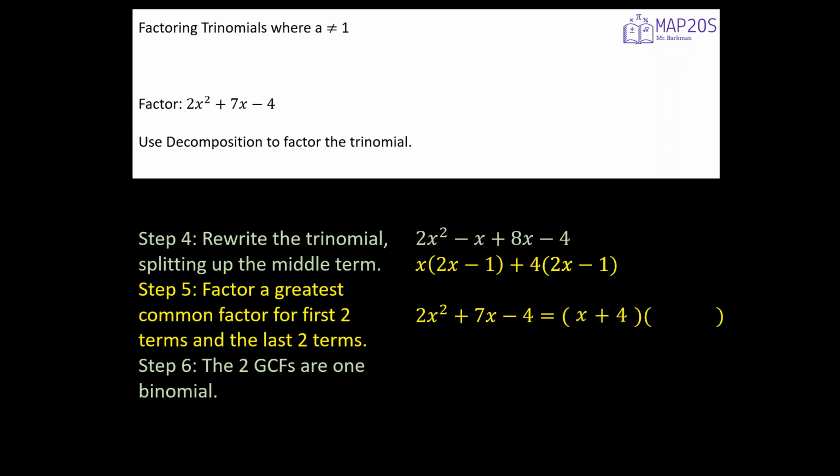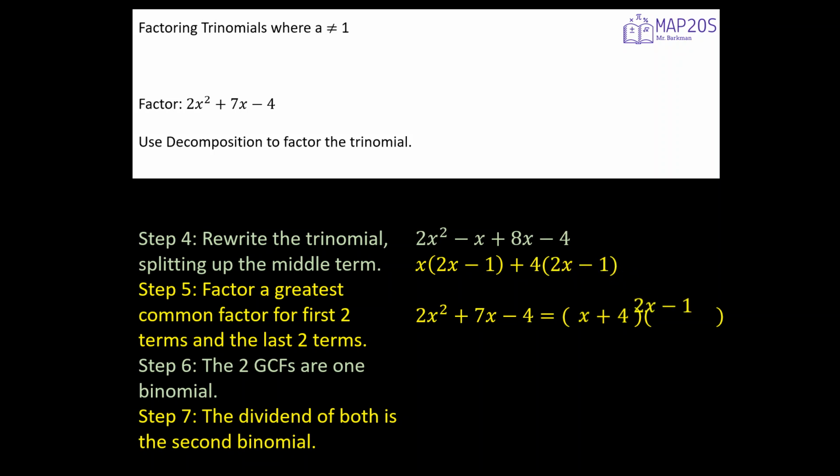So let's slide them right in there. So one of our binomials is going to be x plus 4. The second binomial, and this is our last step here, is going to be the quantity that we got both times, so that's what's inside the brackets. Again, they're exactly the same, so it is going to be our second term. Now again, they should always be the same, but we're only going to use one of them as our second one.